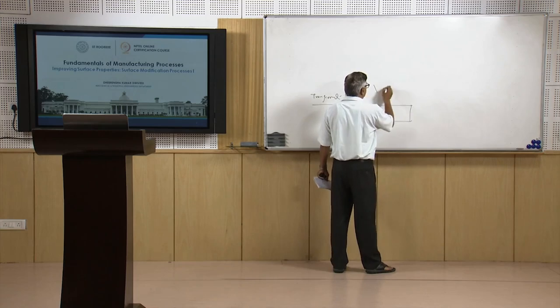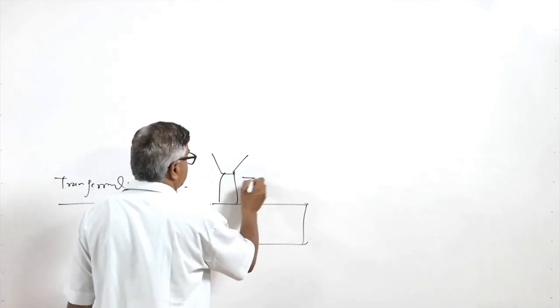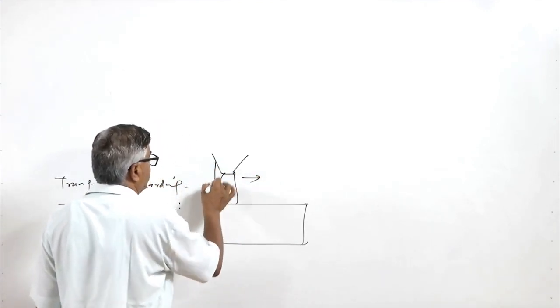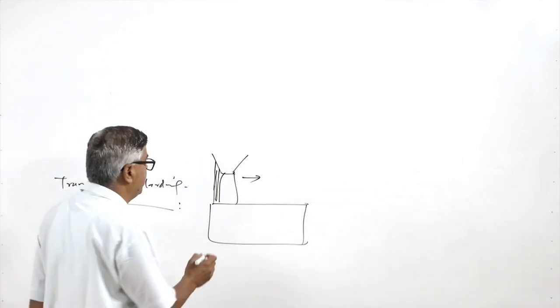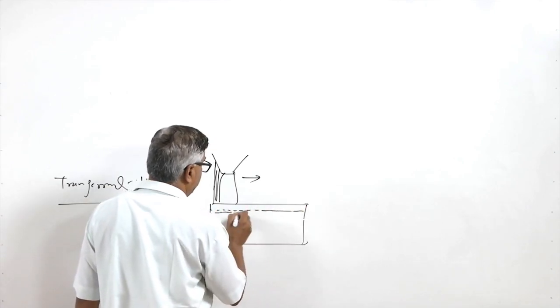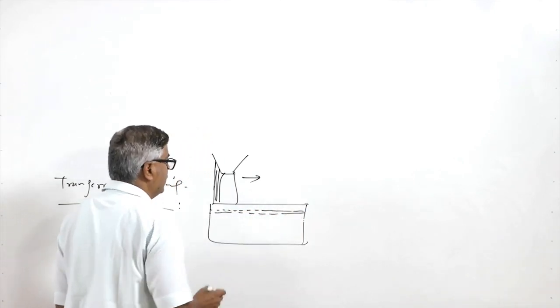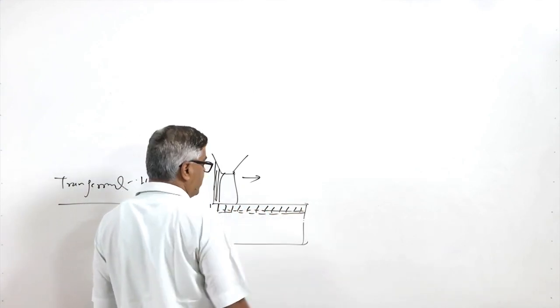Basically there is a source of flame applied onto the surface. Once the flame is moving like this, additionally we apply a jet of water, because the flame applies a lot of heat to the substrate. So the depth up to which heat will be transferred will be greater, and the depth up to which the modification takes place will also be greater.